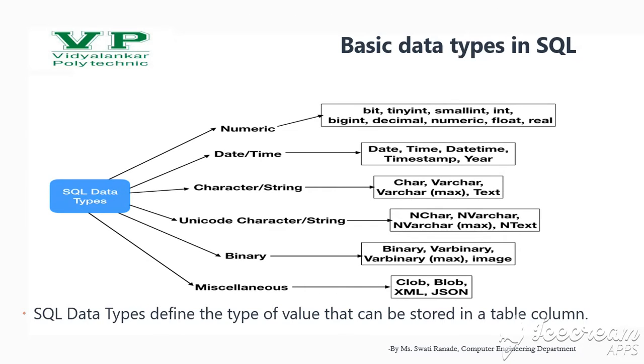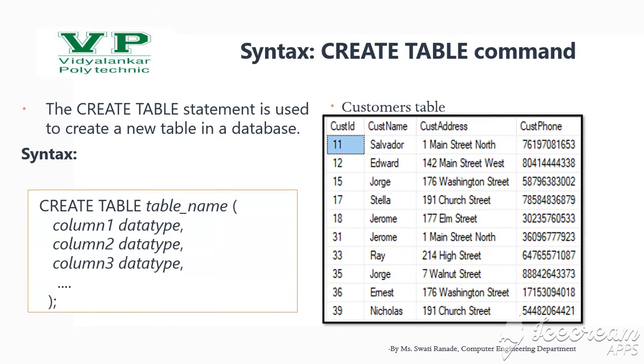If I want to store any integer value, then I will be using numeric. If I want to store any date value, then I will be using date, or any character, then I will be using text. So as per our need, we need to decide what data type we need to apply for that column.